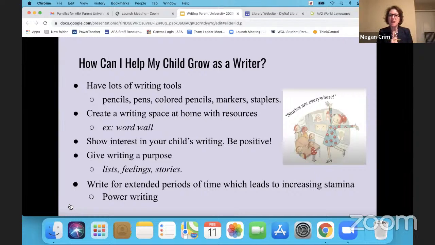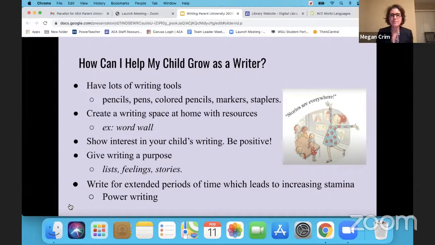But kids love colored pencils, different markers, staplers. The stapler is the most used tool in my classroom. I'm constantly filling it, and I have about 10 staplers in my classroom because they're making books. Having rulers, super important, and lots and lots of paper.